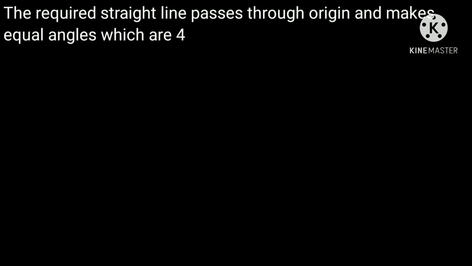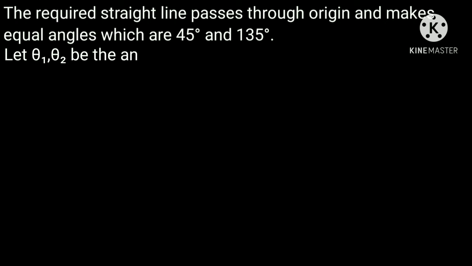The required straight line makes equal angles and passes through the point with the coordinate axis are 45 degrees and 135 degrees. Let theta 1, theta 2 be the angles. Then theta 1 equal to 45 degrees and theta 2 equal to 135 degrees.